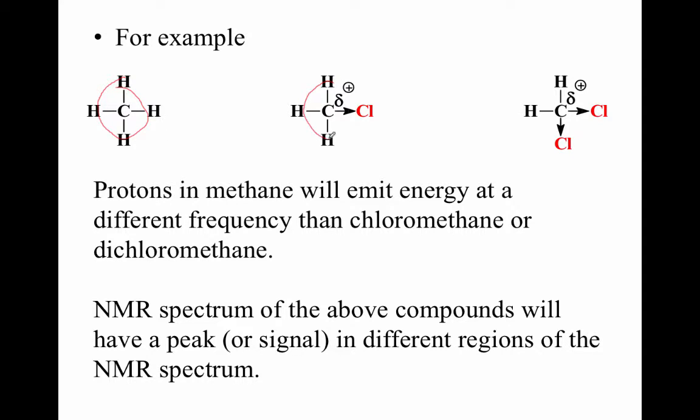These hydrogens are all in the same environment, but different than this one. The presence of this chlorine makes these hydrogens, or protons, absorb in a different region of the NMR spectrum. If I add yet another chlorine, it puts these hydrogens in yet a different chemical environment, the same one between the two, but different than these three, different than these four, and it changes the frequency of the electromagnetic radiation that they absorb.